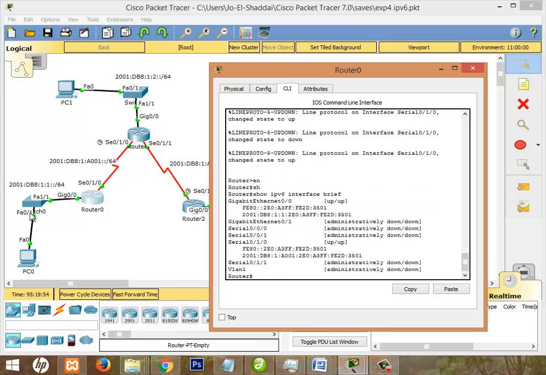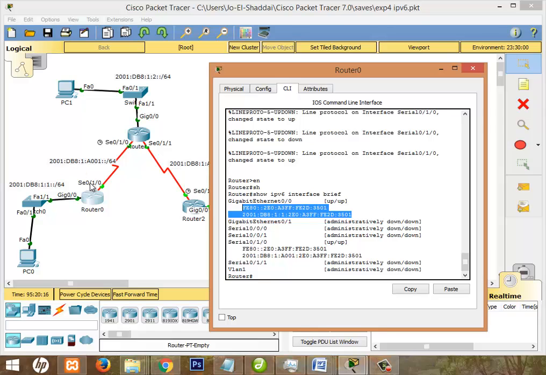What this particular command does is show us the elaborate details of all the interfaces which are connected to other devices in the network. As you can see here, GigabitEthernet 0/0, the first interface, which is this one, is connected to this switch. Here we can see the details of this particular interface.